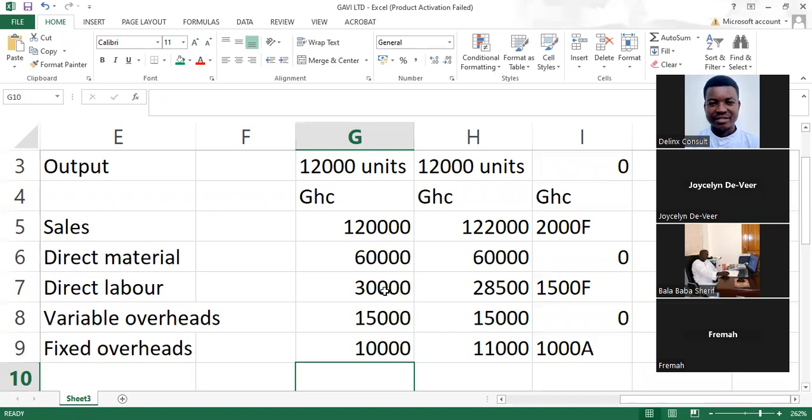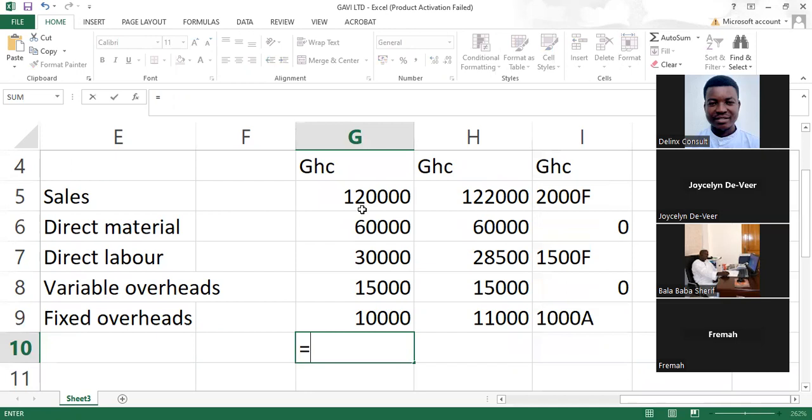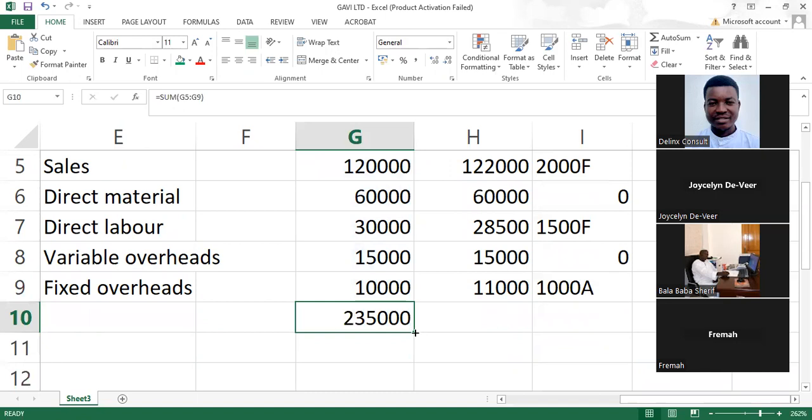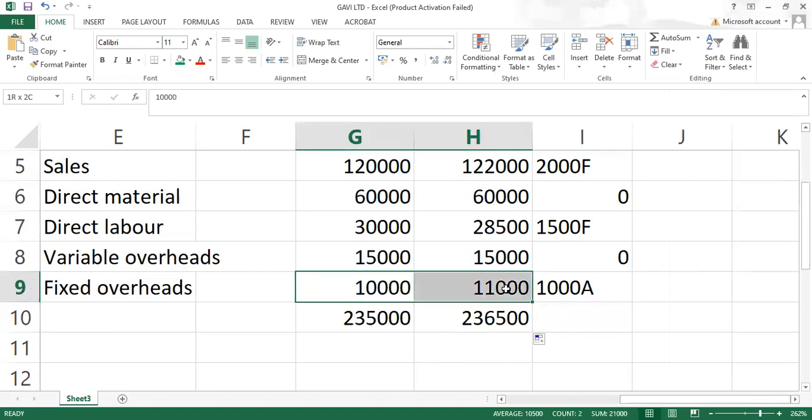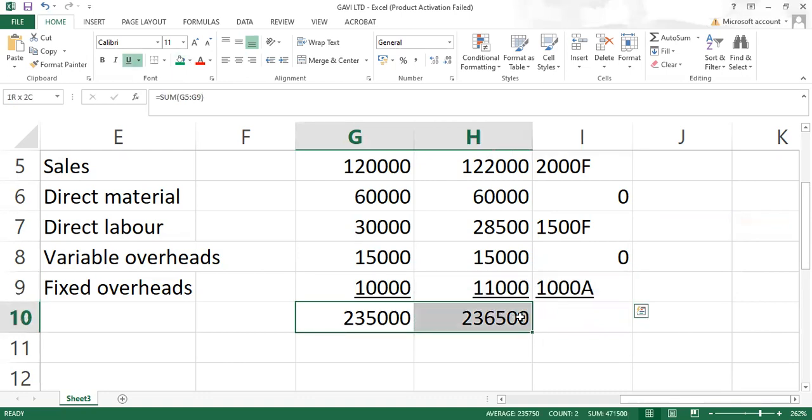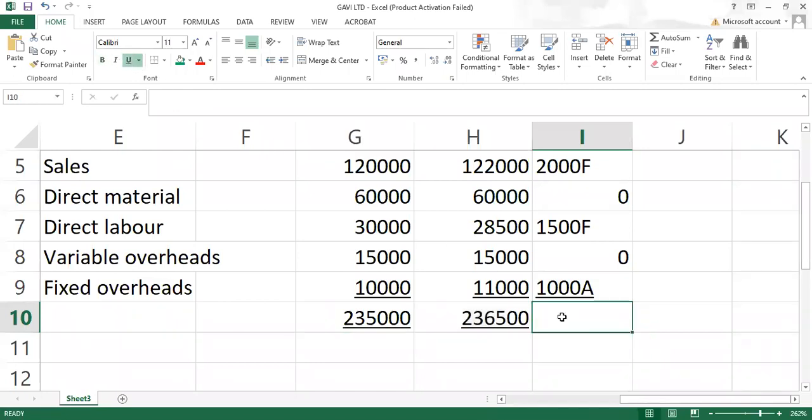So if you like, you can add all. So this will be 2,500 adverse, isn't it?